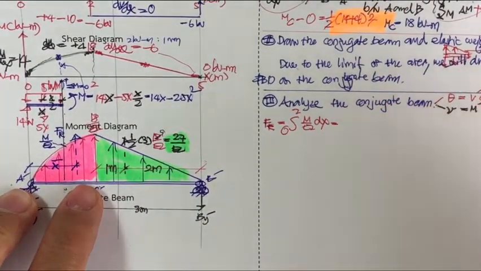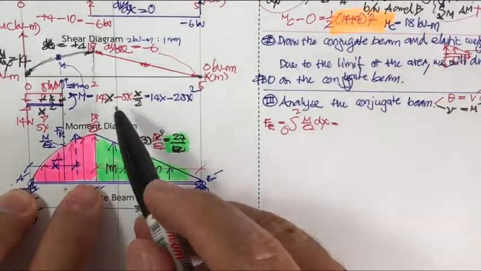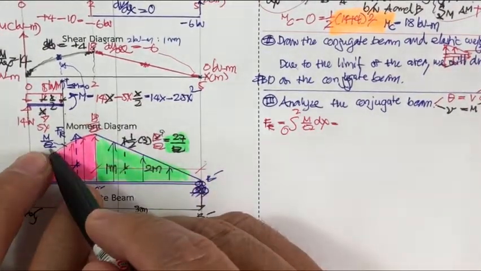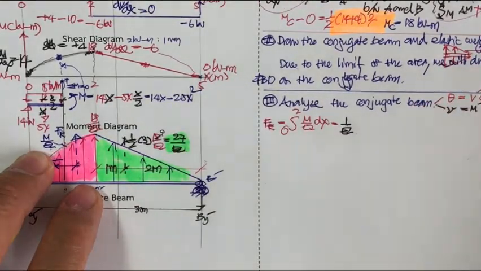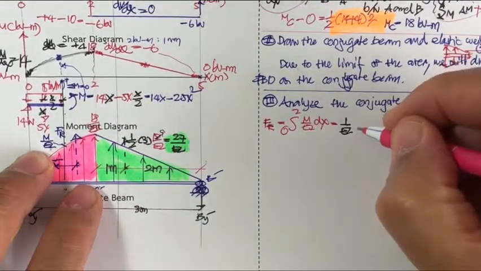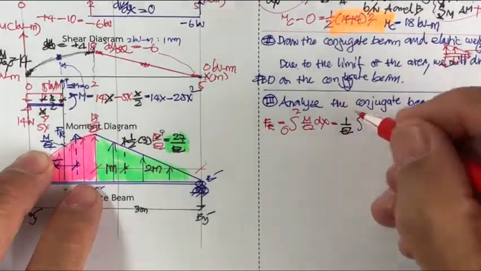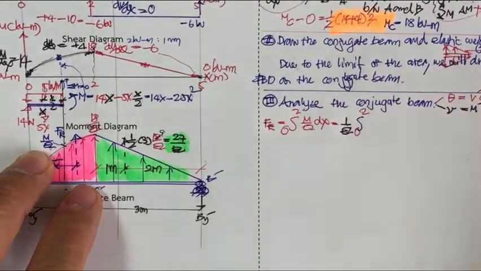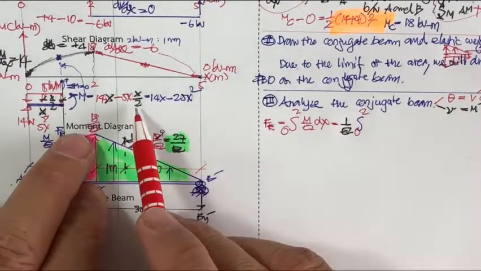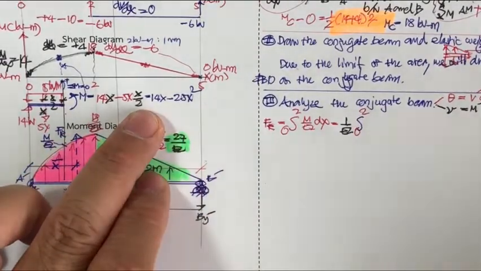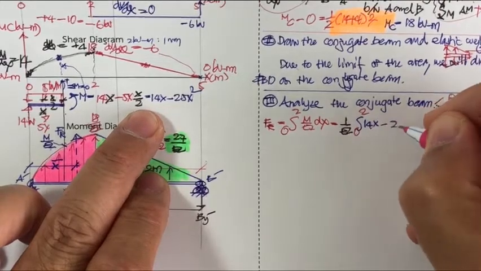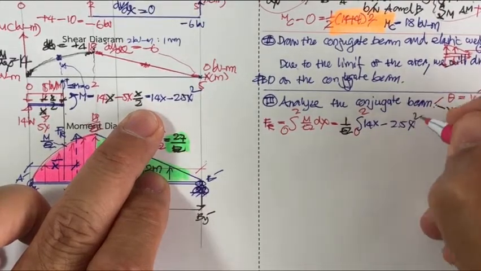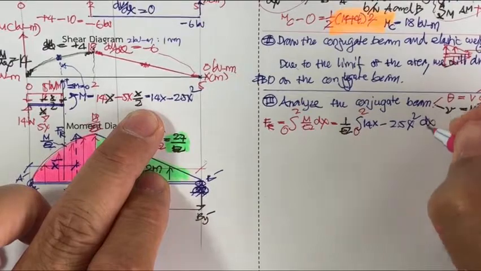You take M, this one, divided by EI. Since EI is constant, take the EI out, and you do the integration from 0 to 2. And the M is going to be this equation, 14x minus 2.5x squared, and then dx.